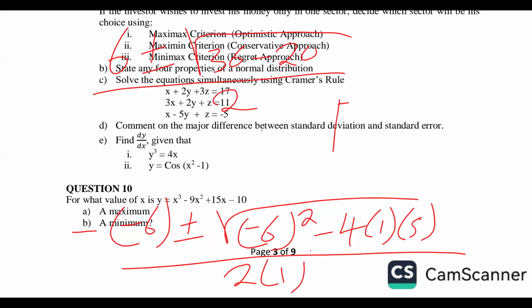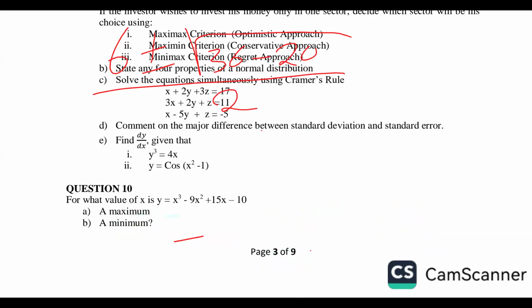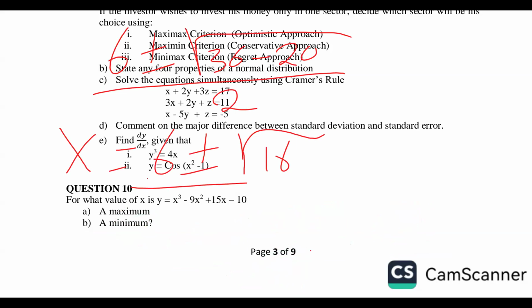Then from here, x equals 6 plus or minus the root of 16, because 36 minus 20 is 16, all divided by 2.